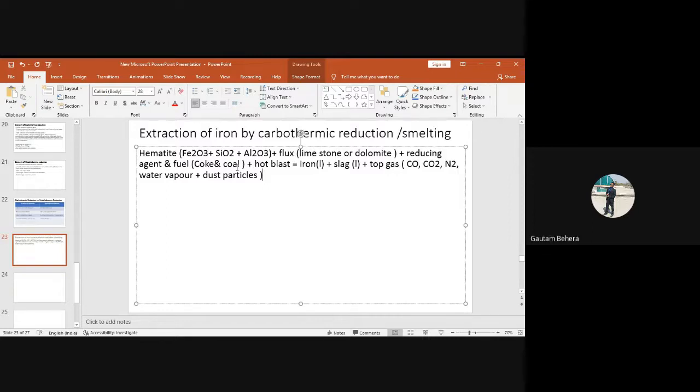It will undergo combustion to give you carbon dioxide as well as carbon monoxide, and carbon monoxide is the main reducing agent, along with direct carbon. Hot blast is needed for the combustion of the coke and coal, that is, hot air or air enriched with oxygen. The products will be molten iron, iron in liquid form, and slag in molten form. Then top gases contain carbon dioxide, carbon monoxide, nitrogen, some water vapor, and dust particles.